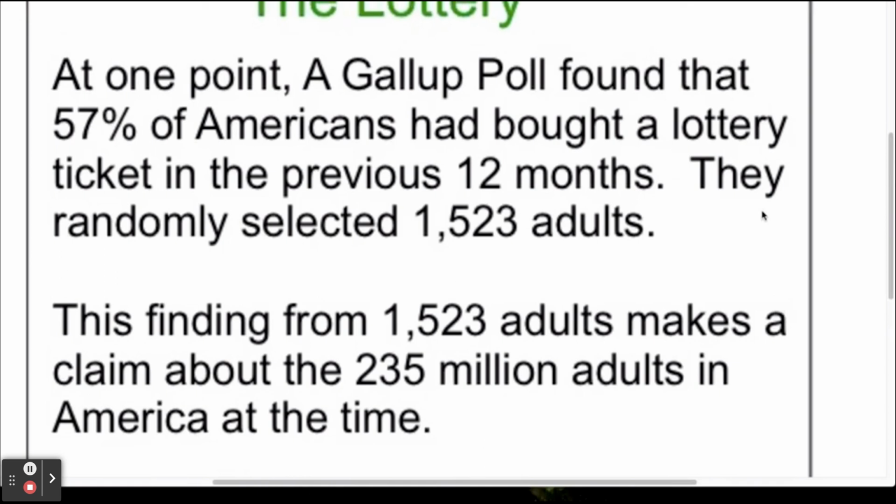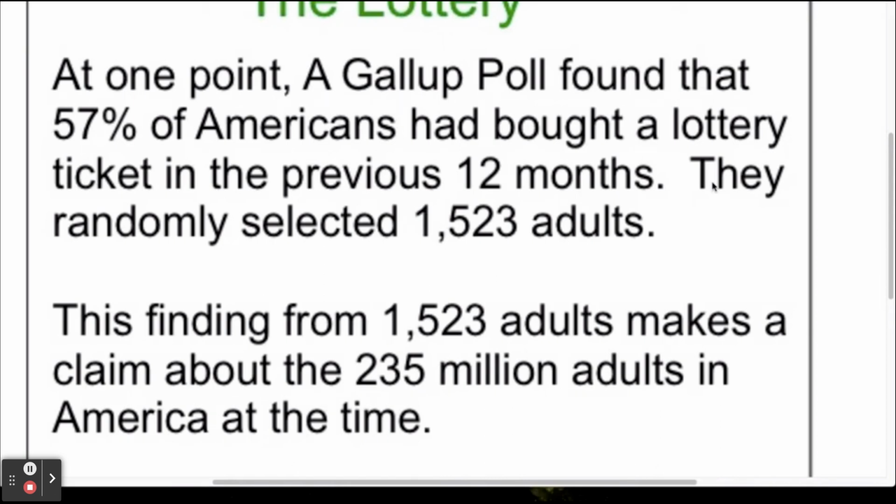We've talked about this at different times in our course: typically when we are taking a survey, it's almost impossible to get a consensus, consensus being that you've heard from everybody in the population.